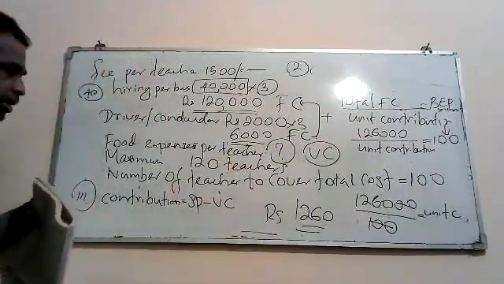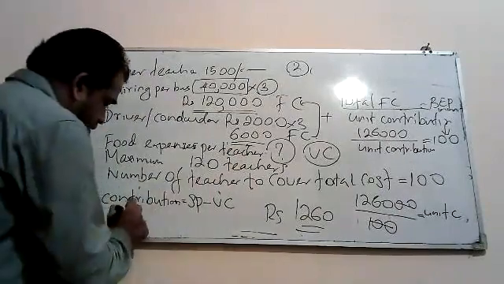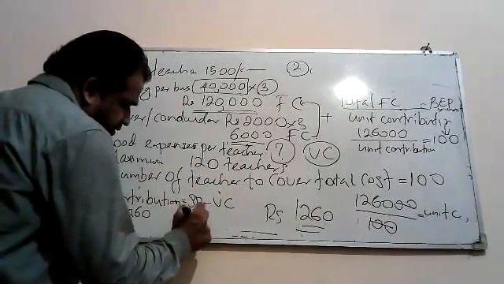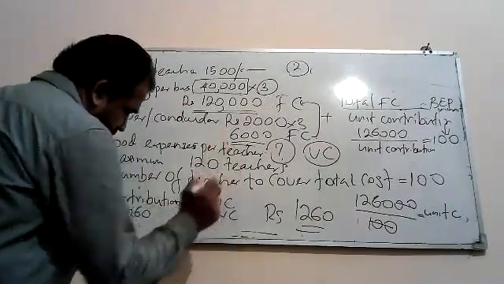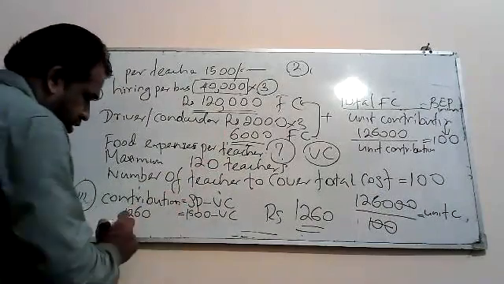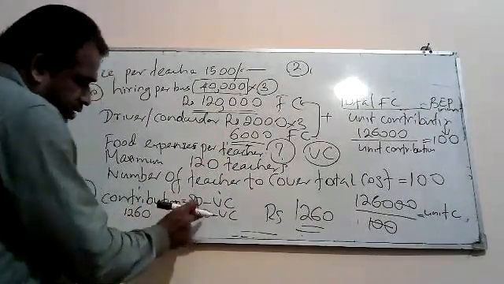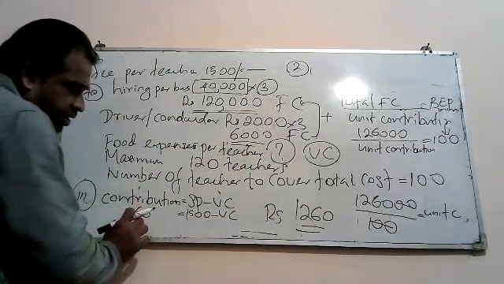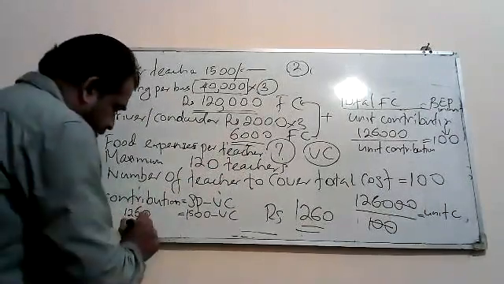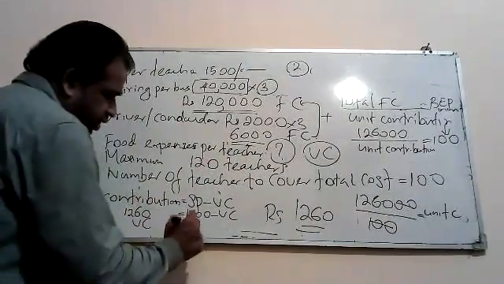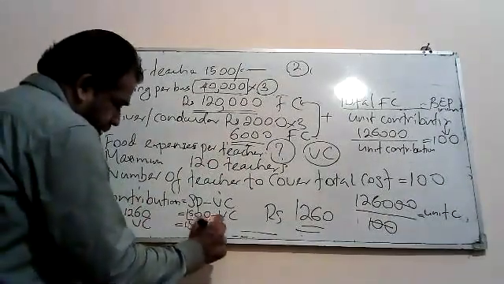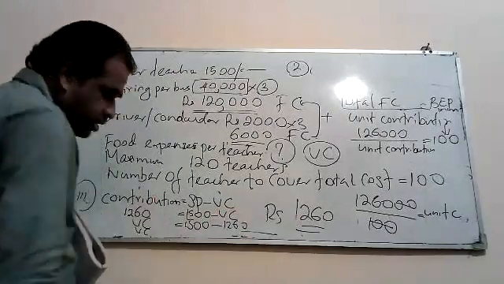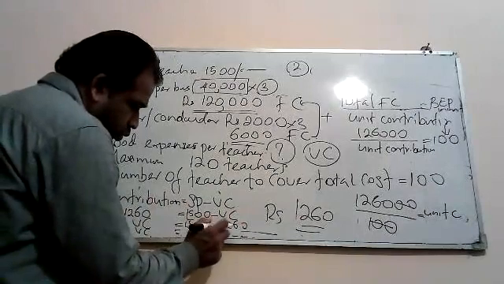Now we know 1,260 is the contribution and the selling price is 1,500. We don't know VC, so we take VC to this side. Then 1,500 minus 1,260 will be the variable cost.